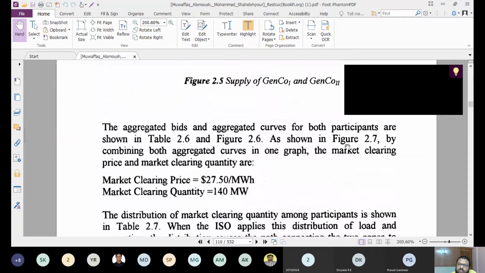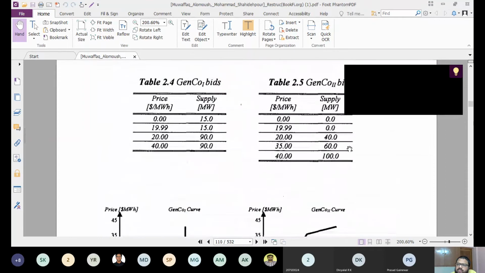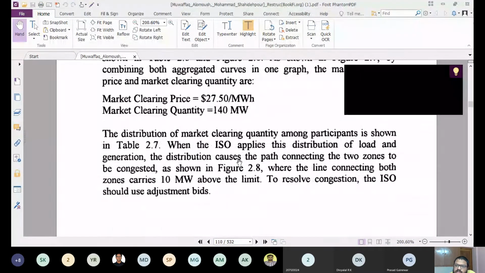Now we go for the aggregated supply curve. So can you write the aggregated supply table? Please write that down.